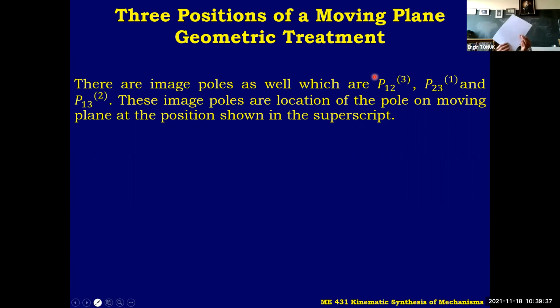So from 1 to 2, it rotates about this point according to Chasles' theorem. Then when I move it to position 3, right now, where is it? It's P1,2,3 at position 3. Is this clear? So it's the location of pole 1,2 at position 3 on the moving plane. Is this clear to everybody?